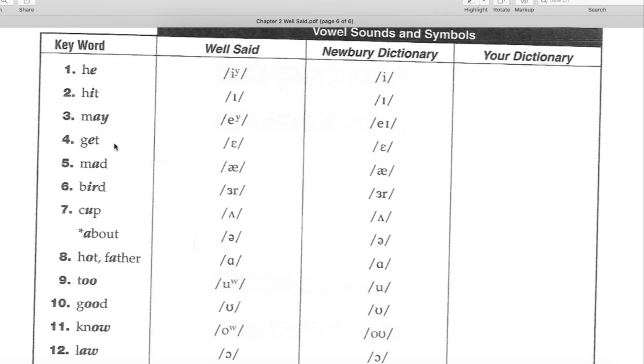Okay, then we have the S sound, and that is the epsilon, and it's the backwards E, fancy E, so eh. And then the A sound, as in mad, or bat, or cat, or fat.